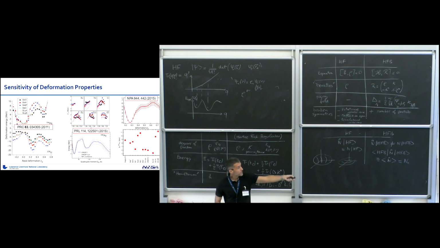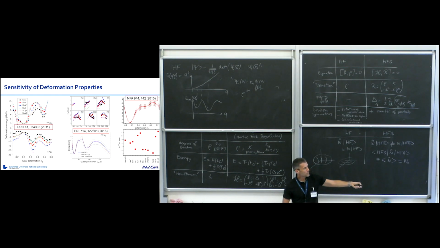But back then, we tried to quantify the uncertainty of this calculation. Specifically, this functional, just like all the other Skyrmes, has about a dozen parameters. We can do something called a Bayesian analysis to extract the posterior distribution of those parameters. I don't know exactly how much you know about statistics and Bayesian analysis.